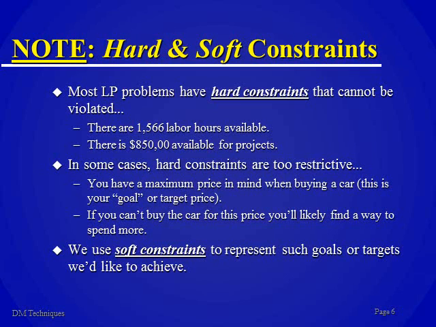If you have an idea in your mind that you don't want to go over $20,000 to buy a car, maybe when you go and see cars, you find one that is $21,000 and you really like it. So you're deviating from your initial goal of $20,000. However, you may decide to violate this goal, in which case what we want to do is minimize deviation from our goals.